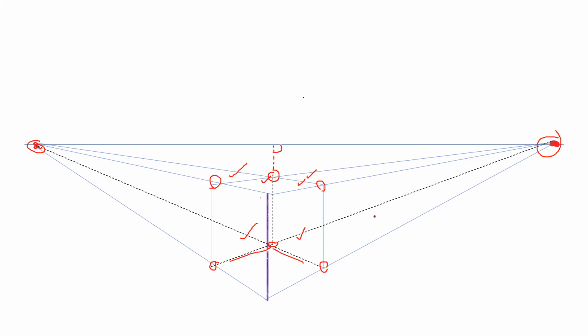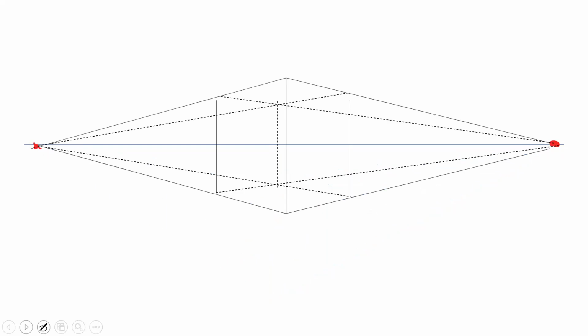And you can see that here we have a cube in two-point perspective. What can we see? We can see an edge in the two-point perspective cube. This is a top view. It means if I'm standing above the object, I can see the top of the object. That is, this is the cube in two-point perspective, top view.